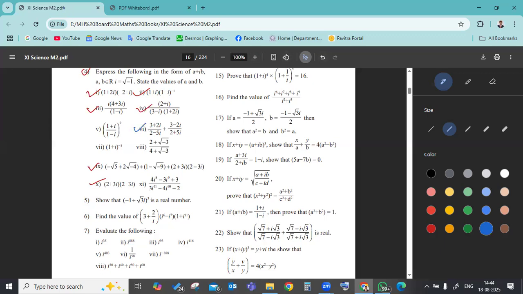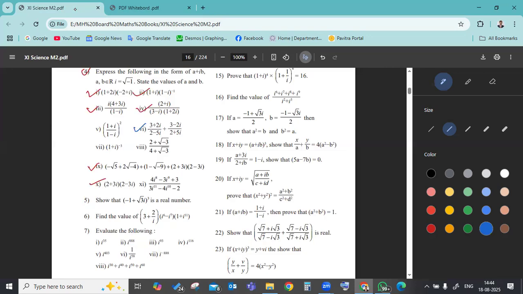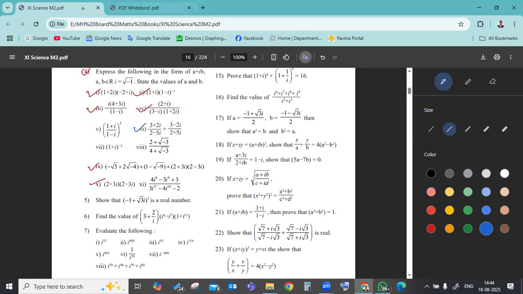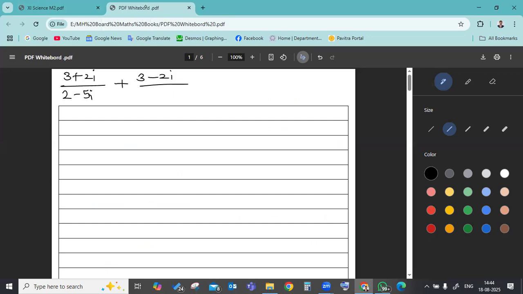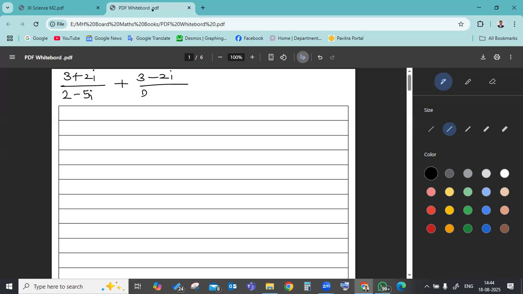Let's solve the sixth question. Z is equal to (3 plus 2i) upon (2 minus 5i) plus (3 minus 2i) upon (2 plus 5i). So we have to simplify this complex number.